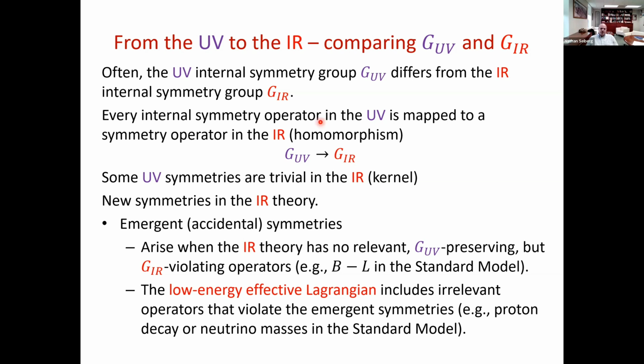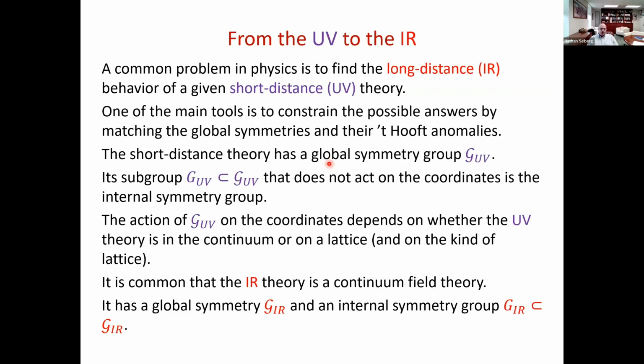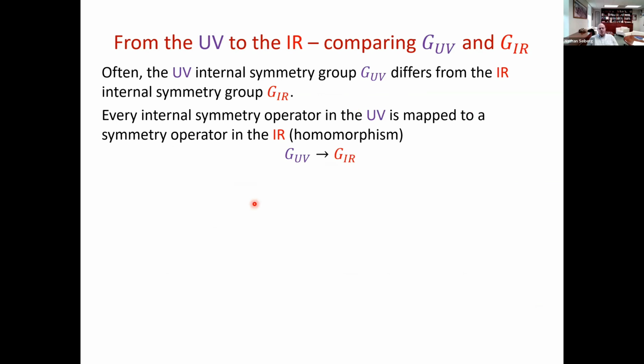There's another way of doing it, where I defined the bigger symmetry group on the previous slide, this curly G, which is the full symmetry group that involves also translation. We can repeat this analysis with the full symmetry group, and then the group theory is a little bit more interesting. There is a homomorphism from the curly G in the UV to a curly G in the IR. In this case, we also take L to infinity.